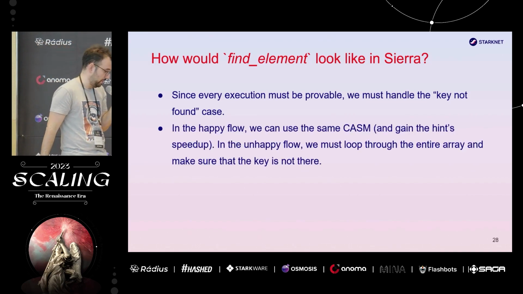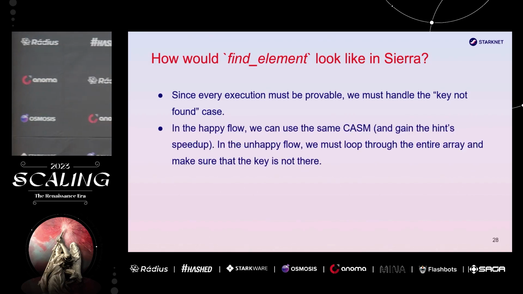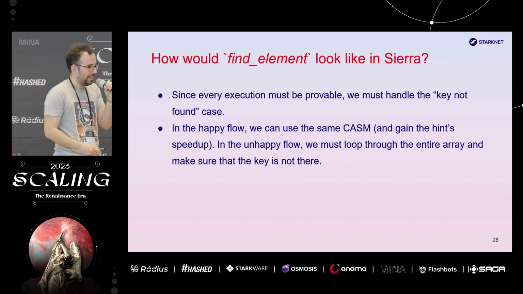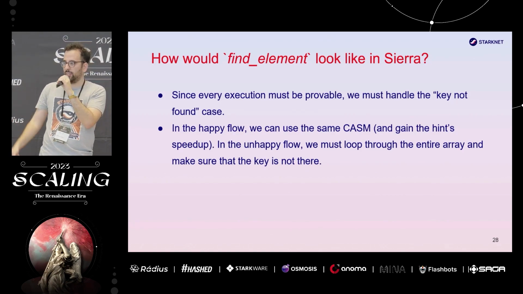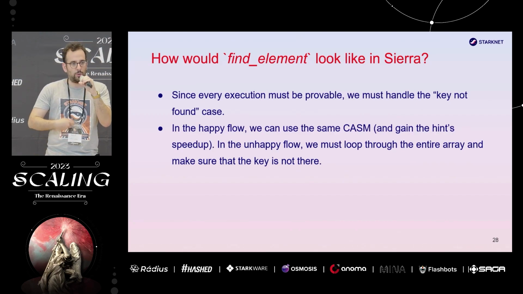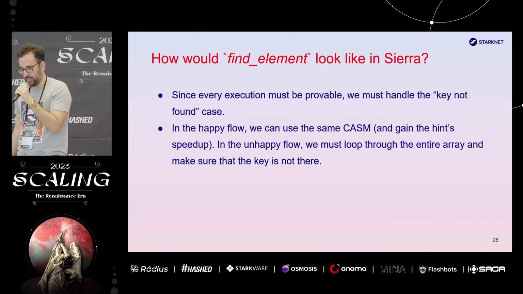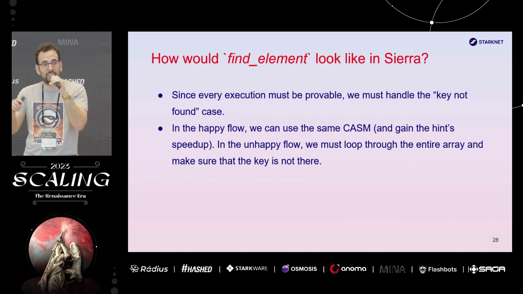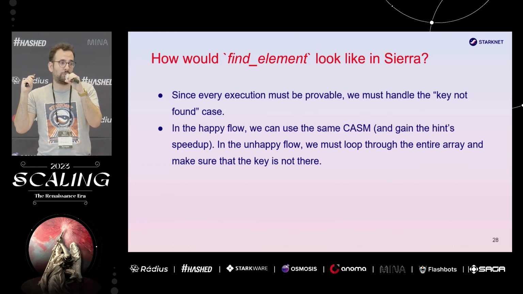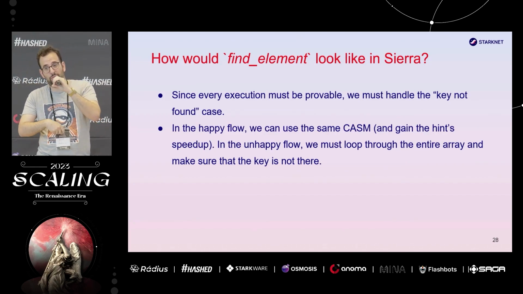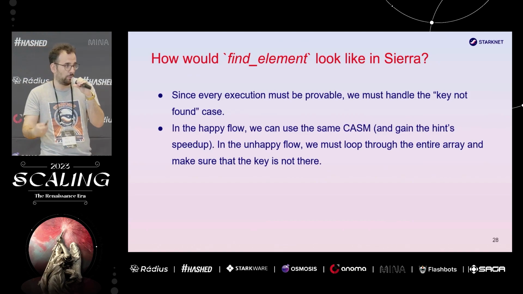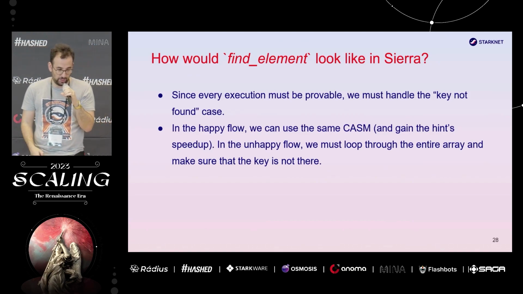But in the unhappy flow, I must gracefully handle failures. I need in Cairo to iterate over the entire array and convince myself that the element is not there. This is replacing the assertion we've seen before. So now I can sort of fail gracefully, and now I can prove this and charge money for it.